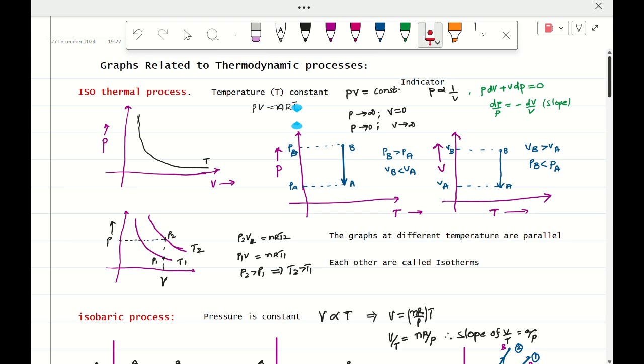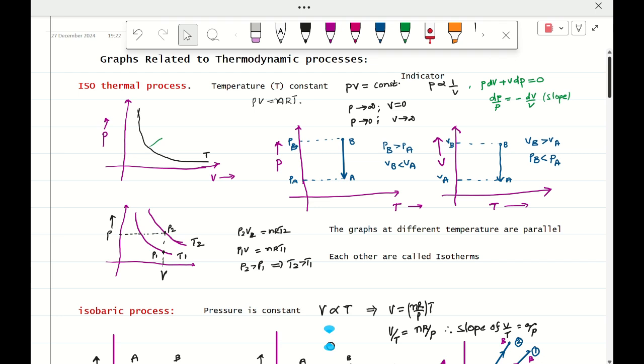Here you can see clearly: the V value reaching infinity, P value reaching 0. And P value reaching infinity, V value becomes 0. So this is the isothermal graph.